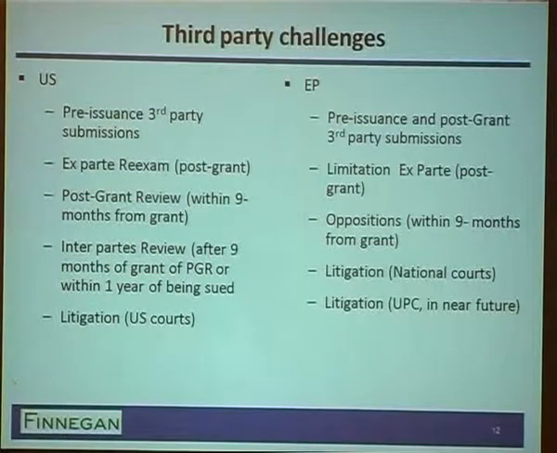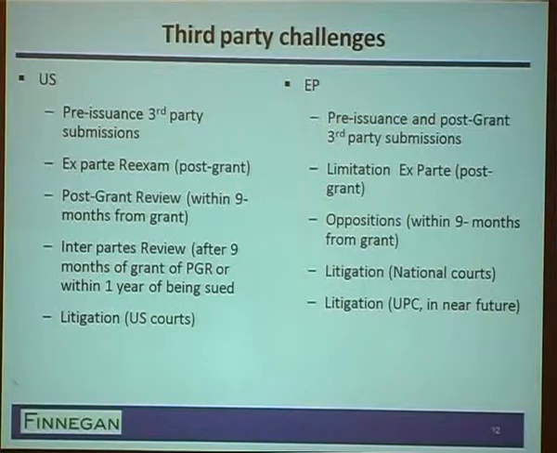What is surprising, if you see in the US with the post-grant review, they also have 9 months from grant. So there are a lot of people asking this question, why 9 months? Is it because Europe has this opposition period of 9 months? Are they taking something from Europe? This is an interesting question, in fact.